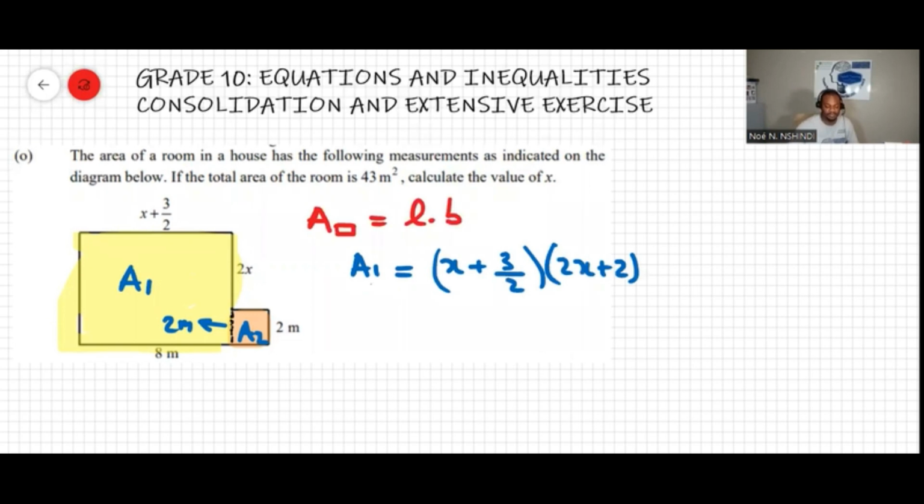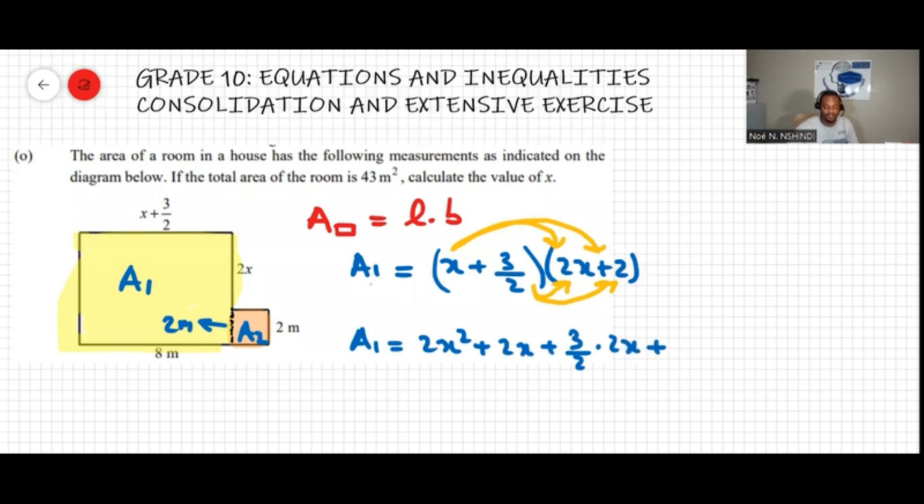And then we multiply x times 2x, x times 2, and 3 over 2 times that also. So area 1 will be equal to x times 2x makes 2x squared, x times 2 makes 2x, 3 over 2 times 2x, and then plus 3 over 2 times 2.